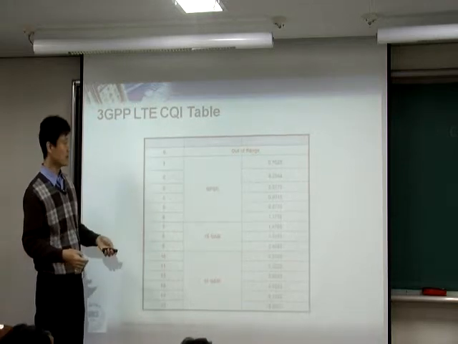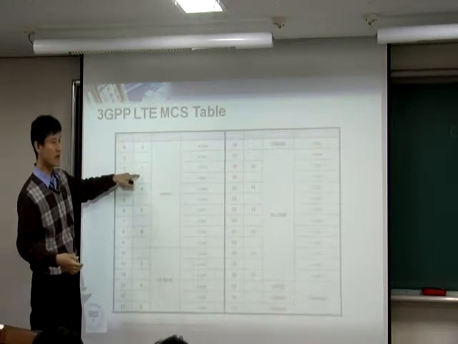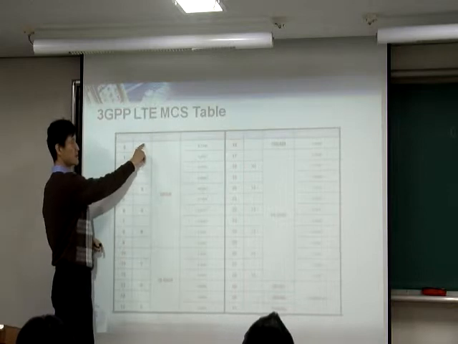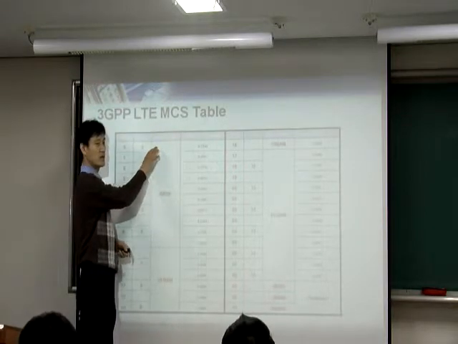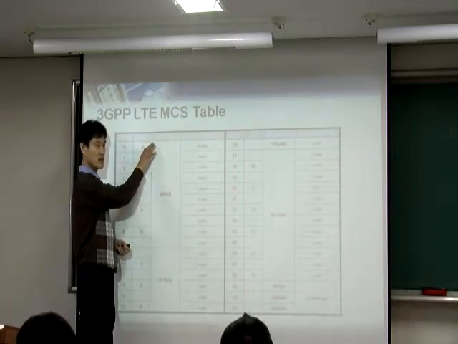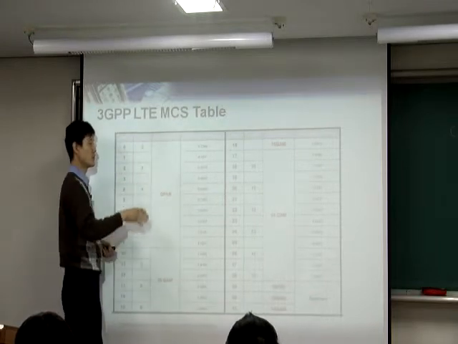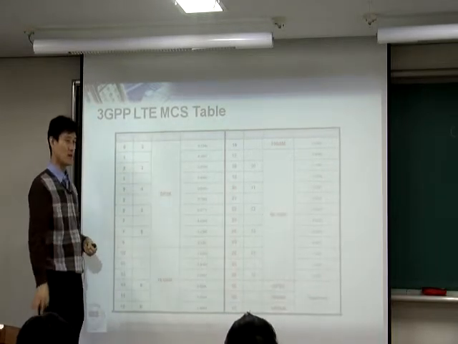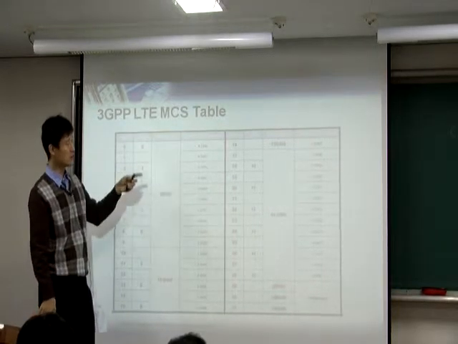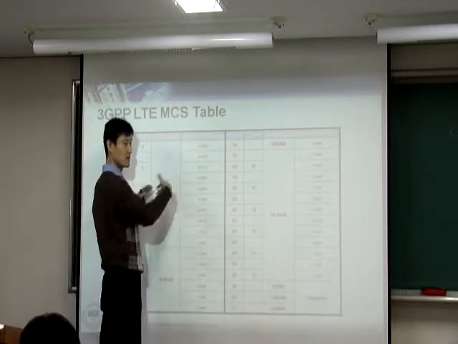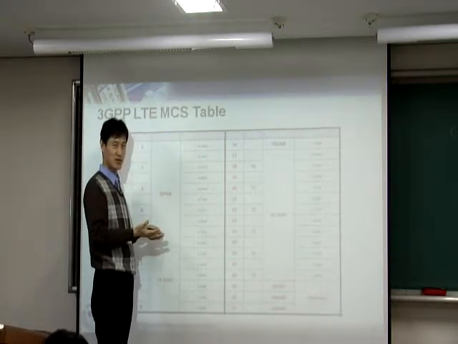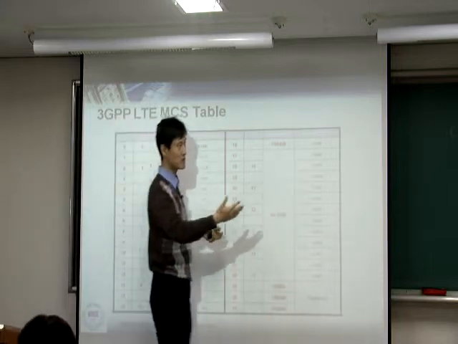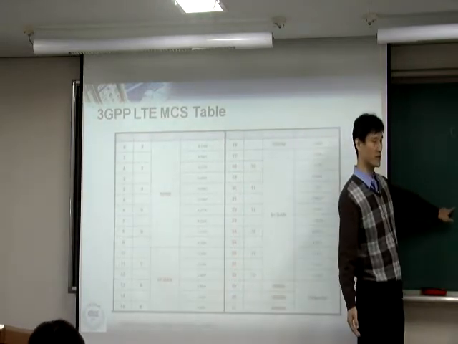And once you know the CQI, since CQI 2 means that we have a little bit low channel quality, when you have a bad channel quality, we have to use more redundancy, which means that you have to reduce the coding rate.